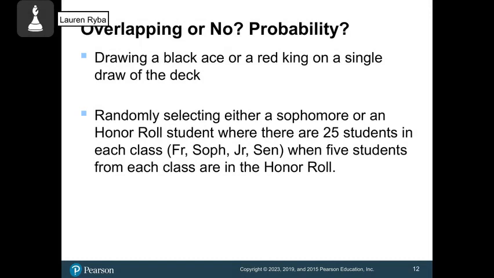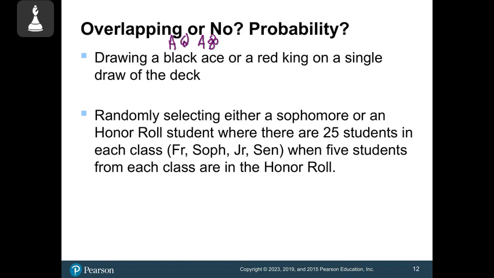We've got two examples here. They're both OR probabilities. One is going to be overlapping, the other one is not. And then we're going to find the probability. If we want to draw a black ace or a red king on a single draw of the deck, well, a black ace would be the ace of spades or the ace of clubs.